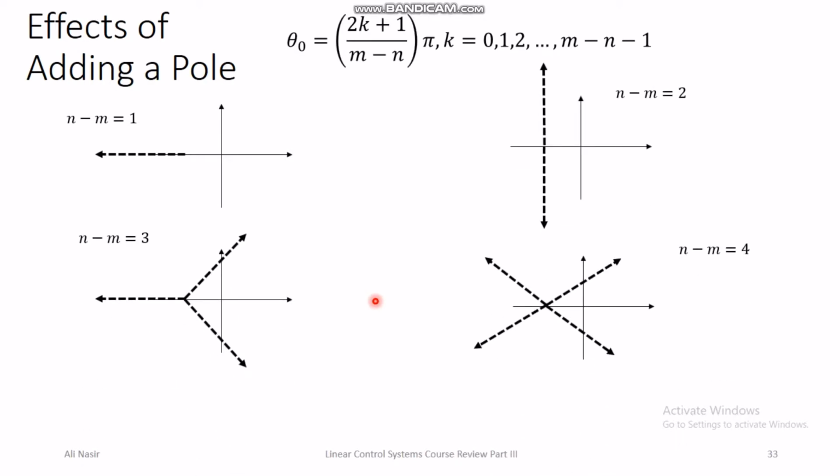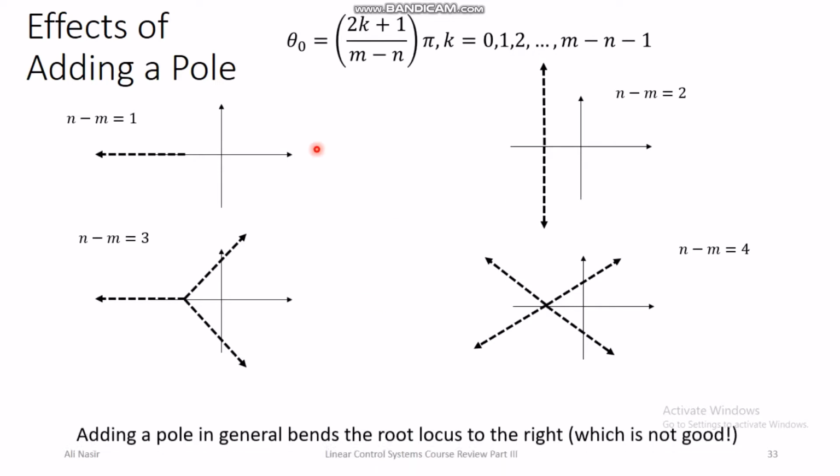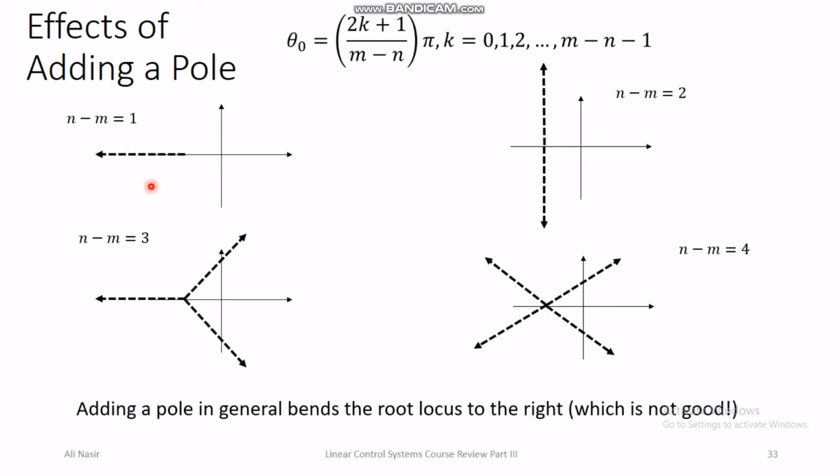You can see here the asymptotes with only one pole in excess with respect to zeros. If you add another pole, the asymptotes straighten up, and if you add another pole, the asymptotes start going towards the right side. And if you add another pole, then the asymptotes go towards the right side at a faster speed.